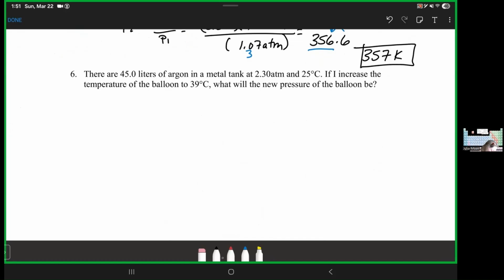Okay. All right, so let's look at number 6 here. So I've been given a volume of gas in a metal tank. So I have a pressure, I have a temperature. If I increase the temperature, oh, that should not say balloon, that should say tank, to 39 degrees, what will the new pressure be?